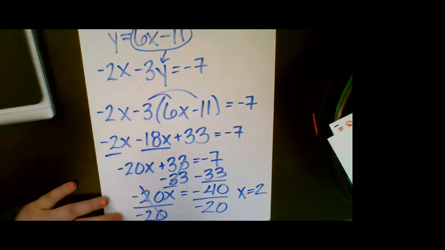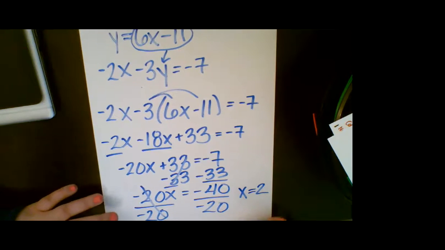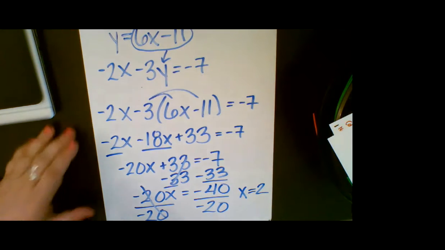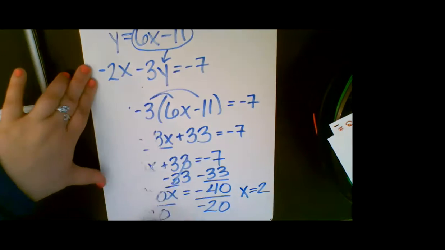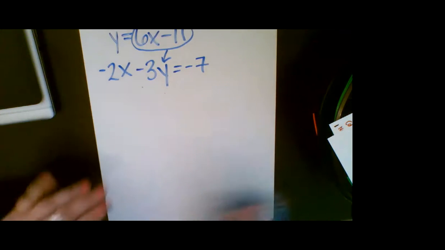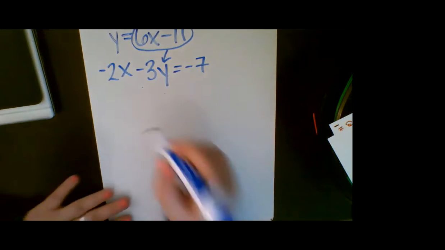Did I lose anybody on solving for x? So x is 2. We need more than just x though. What else do we need? We need y. So we know x is 2.